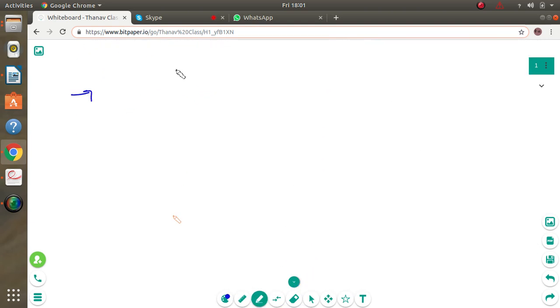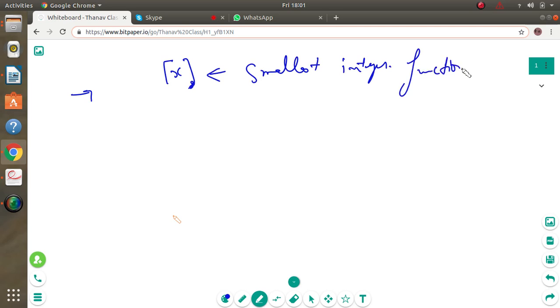All right. Now let's talk about the smallest integer function. Draw a graph for this smallest integer function. Let's draw the graph here.